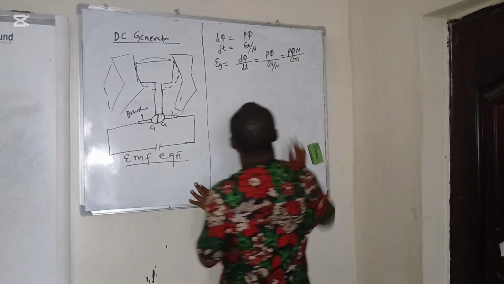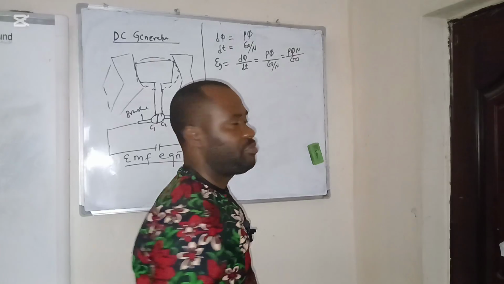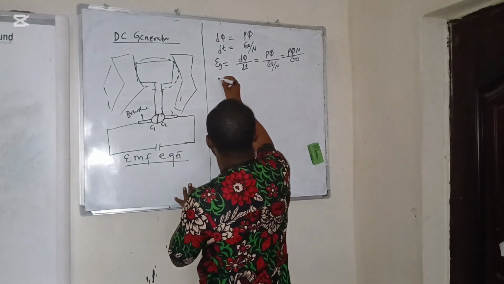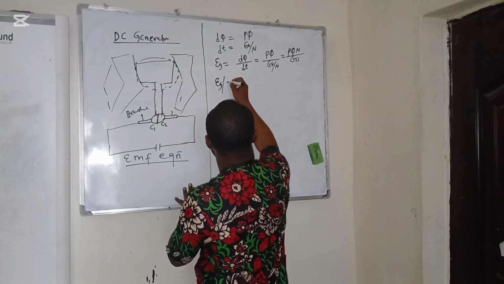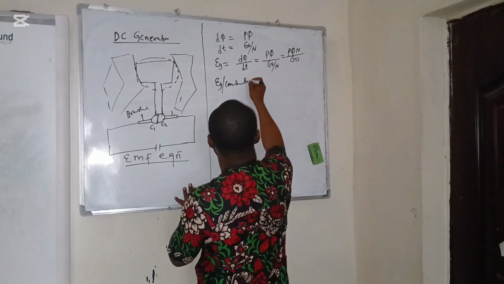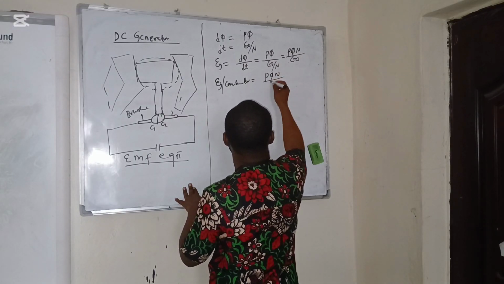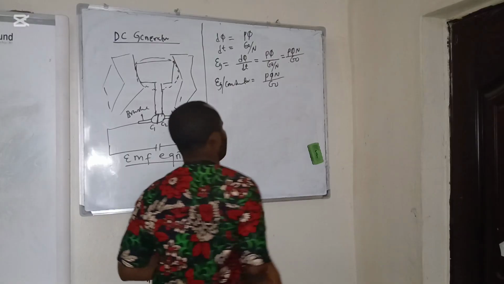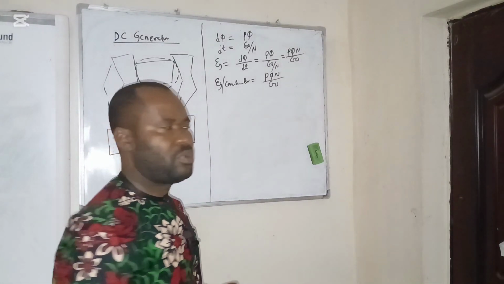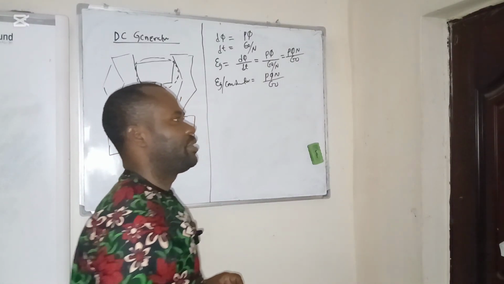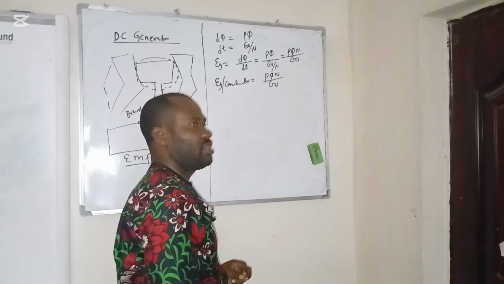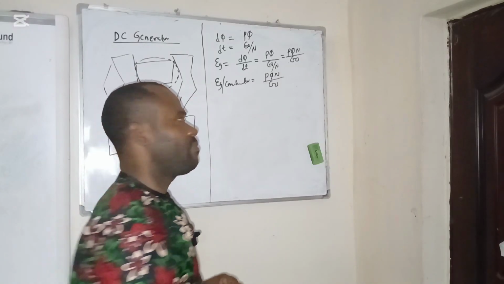So the induced EMF per conductor is actually this divided by this. But the actual EMF will have to do with the total conductors in the system.